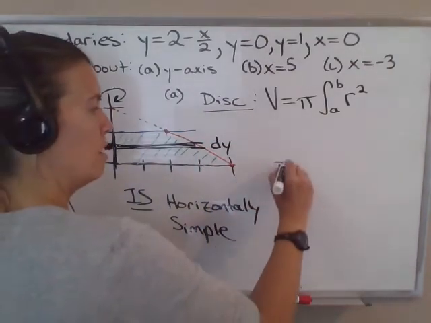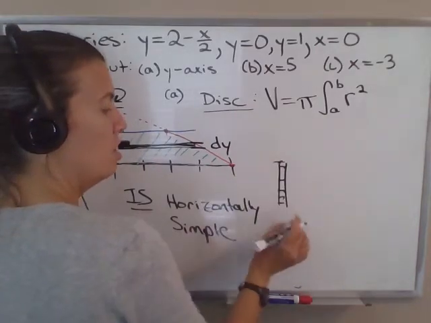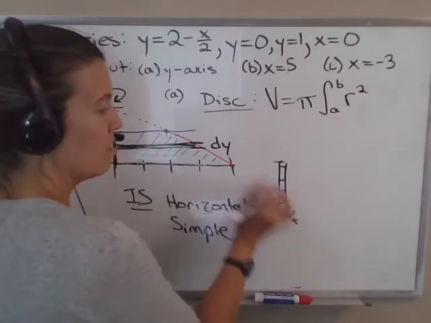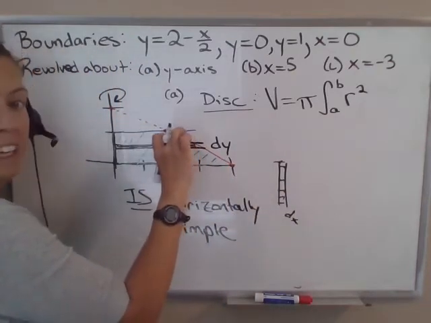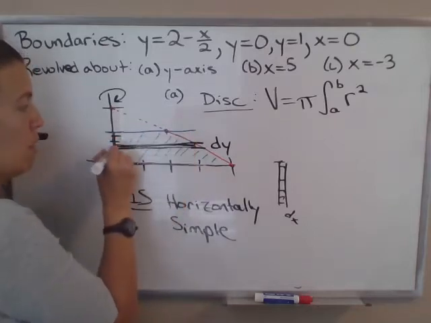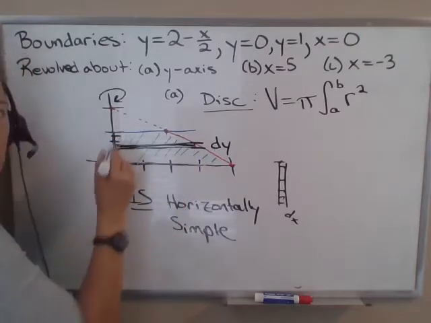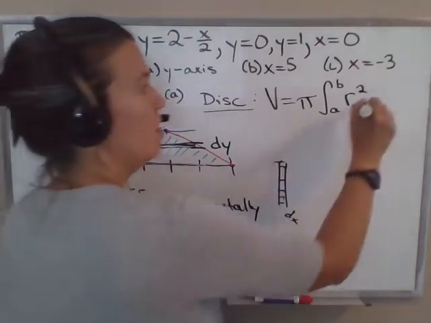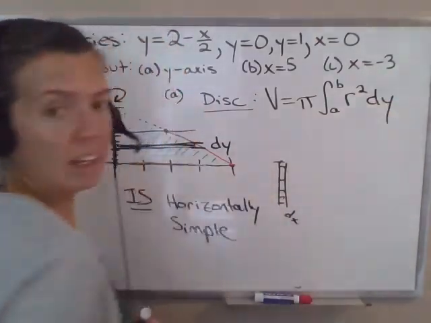Whenever you draw your rectangle standing up like this, your tiny width is dx. It's an increment of x. When you draw your rectangle horizontally, your tiny width of the rectangle is dy. It's an increment of y. If you imagine that whole partition deal, we'd be taking the partition along the y-axis, not the x-axis. So this needs to be in terms of y. That's important.